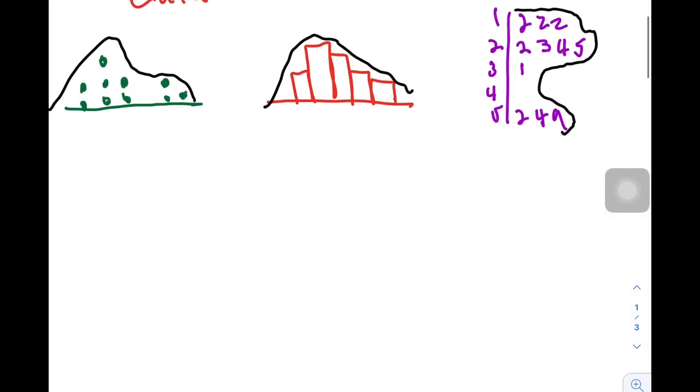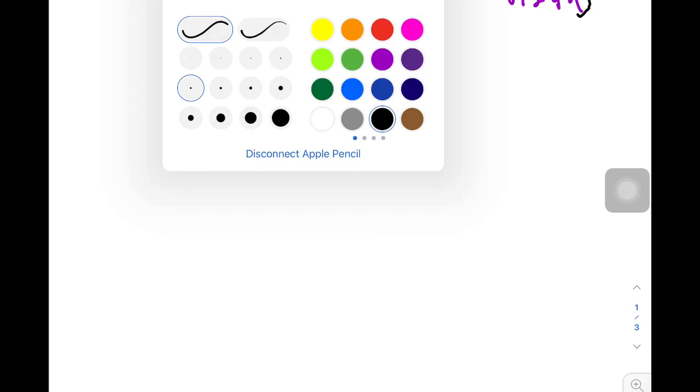When describing data distributions, you need to talk about four things. First is the shape. I will mention what all these things are and how we can describe the shape. The second thing, center.